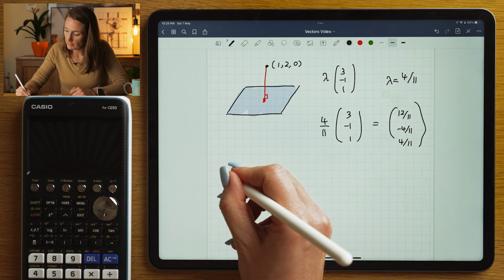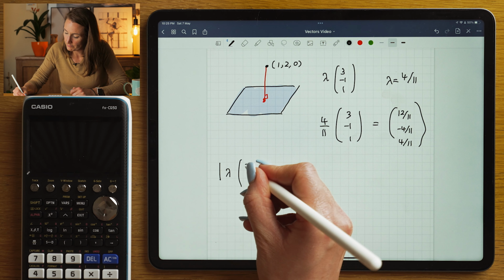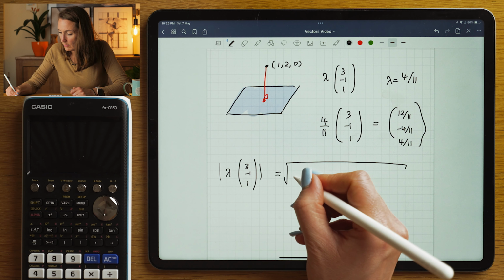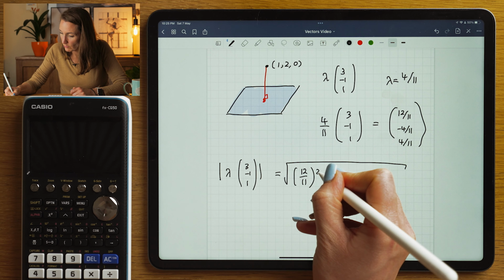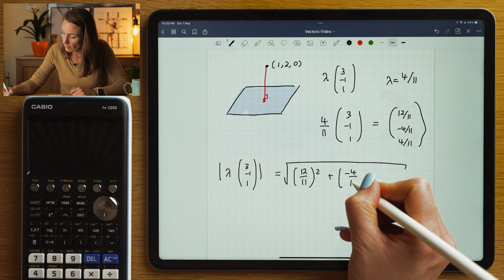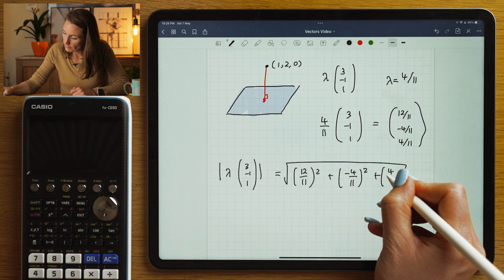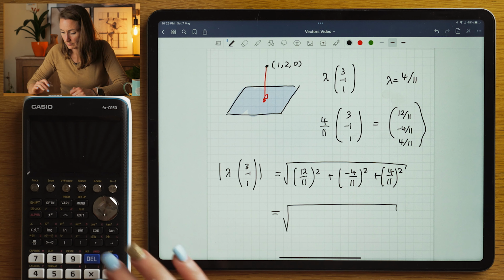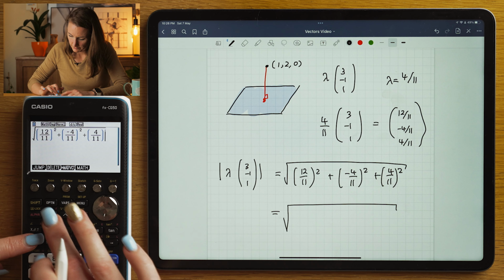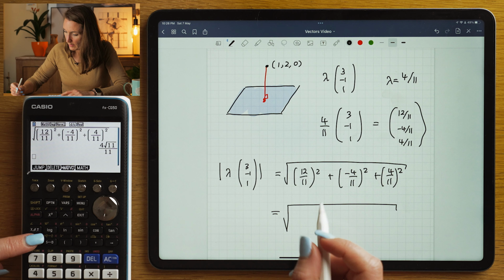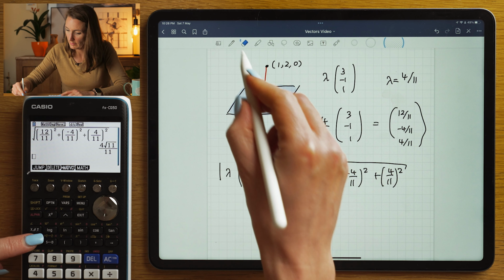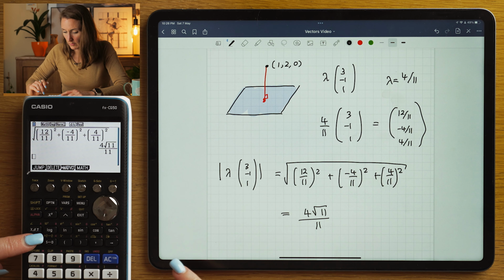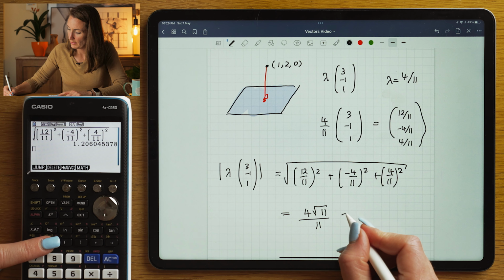And then I'm going to find the magnitude of that vector, which is going to be the square root of (12/11) squared plus (-4/11) squared plus (4/11) squared. And that is going to be the shortest distance to the plane.